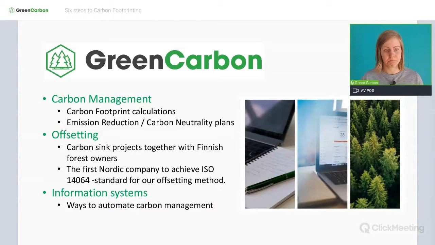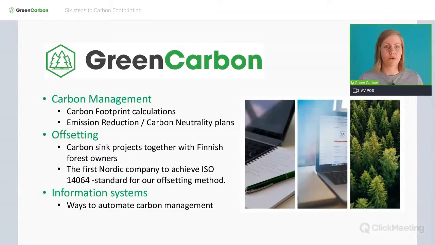And then we have offsetting services. So we produce offsetting units. If your company wants to offset the non-avoidable emissions that your company is causing, you can buy offsetting units. Our way to produce those units is forest-based solutions.